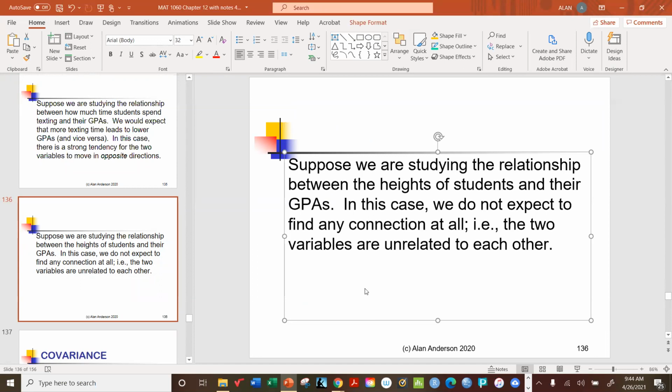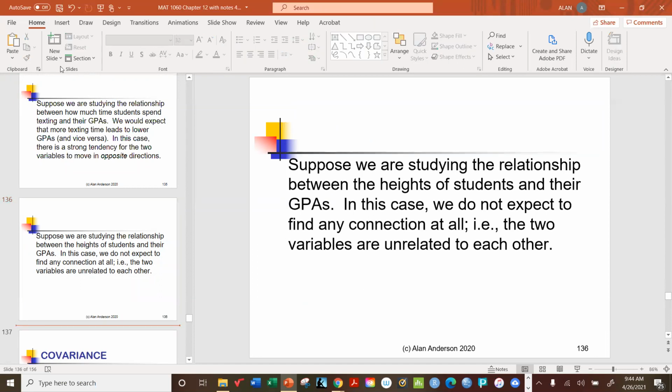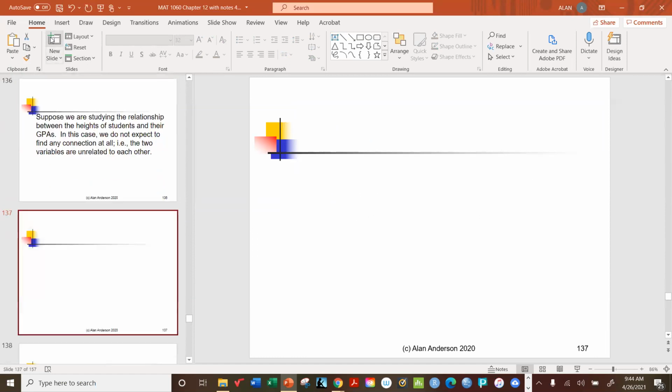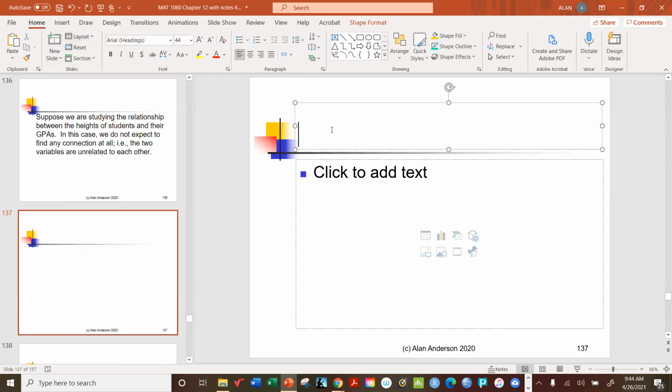Now, it turns out that there's this wonderful graphical device that we can use to study these relationships before we do any calculations. These graphical devices are called scatter plots.